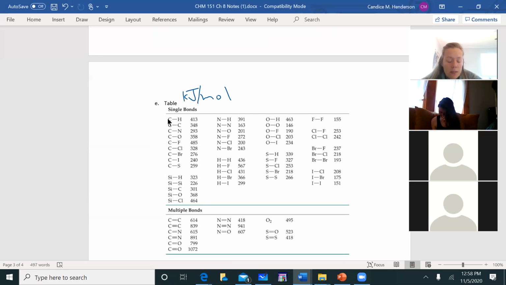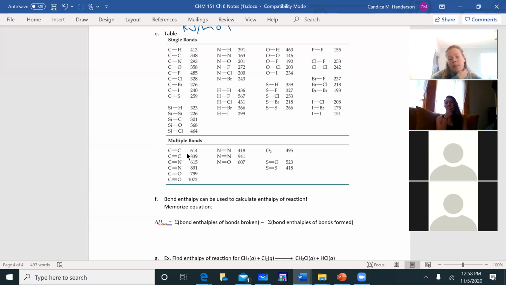And if I was to break a carbon hydrogen, it would need 413 kilojoules per mole of energy. Multiple bonds down here, we can see that as we move into double bonds, we're going to need more energy. And so we can use this chart or use these numbers.